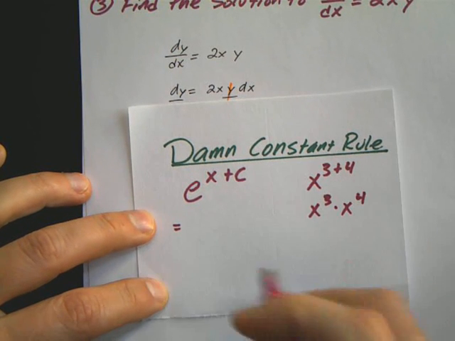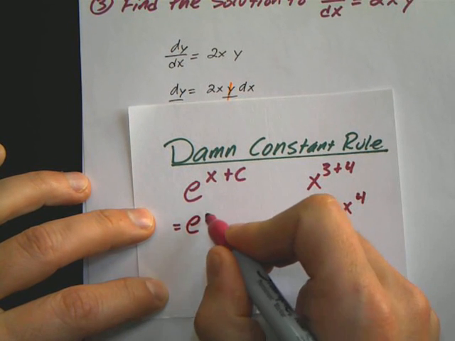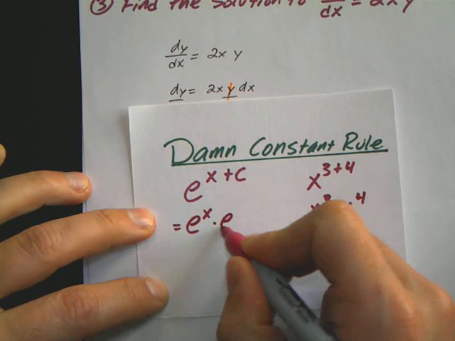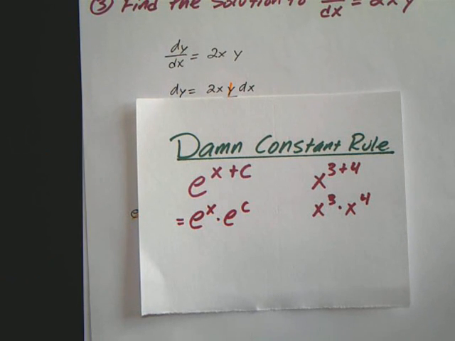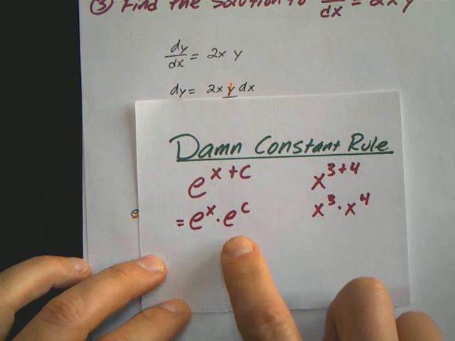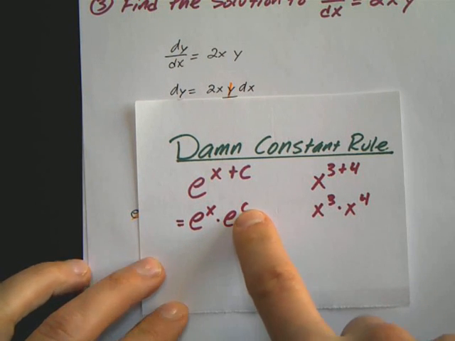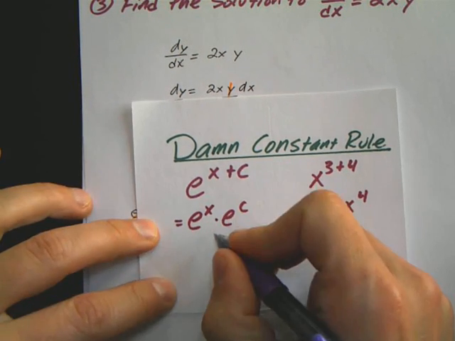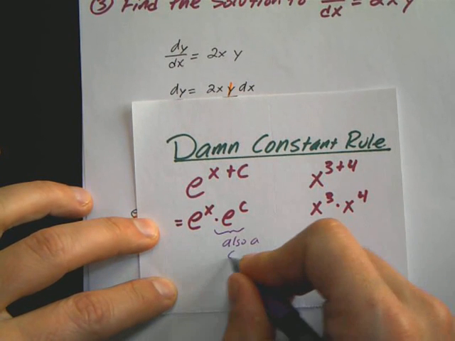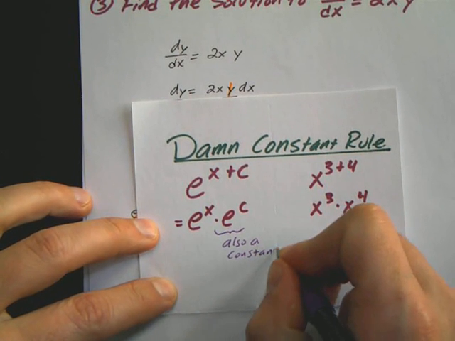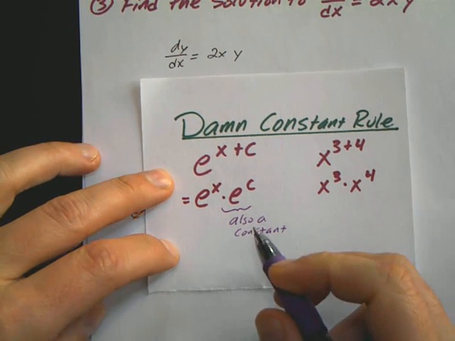So really you're saying e to the x times e to the c, right? Well, c was a constant, so if you raise an exponential base to a constant, this is also going to be a constant. So e to the c is a constant.